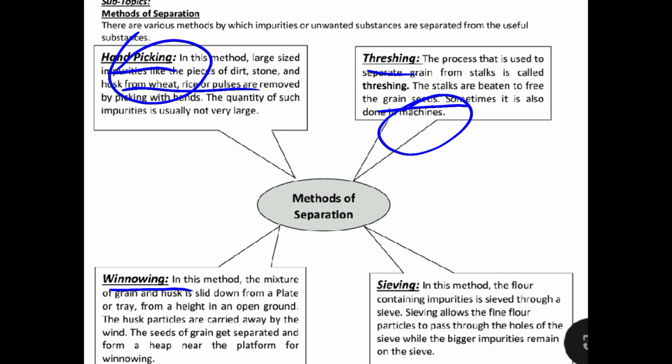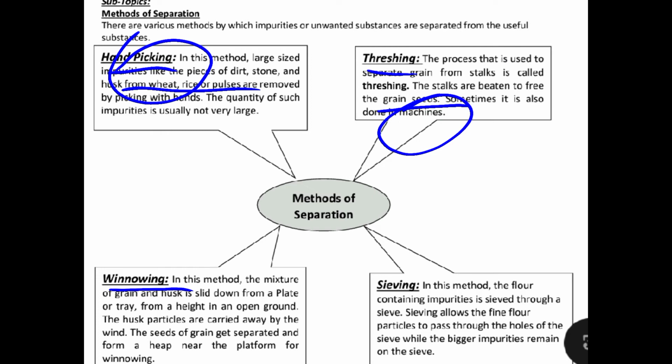Then there is another method called winnowing. In this method, the grain and husk are dropped down from a plate or tray, what is called a shup in Kashmiri. It is a pan-shaped structure, usually made of wicks, or sometimes of plastic.